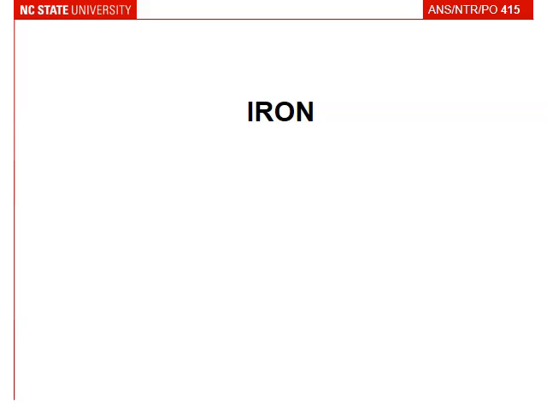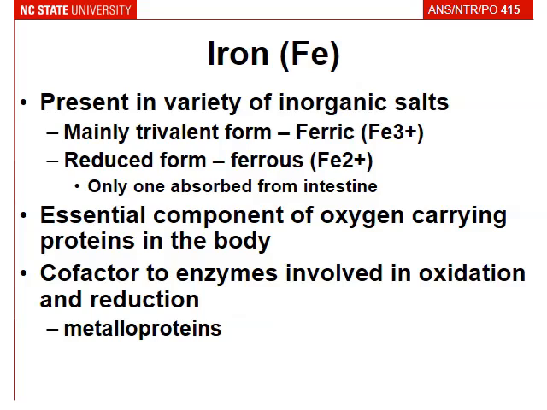Now we're going to switch gears a little bit and talk about iron, which is the nutrient that most people associate with blood. So iron is present in a variety of inorganic salts, and one of the reasons is because it has so many different valencies.